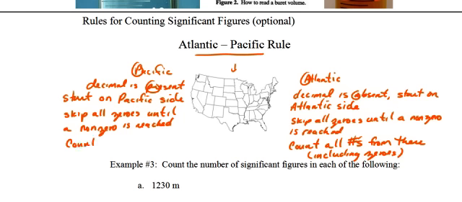Then count all numbers from there, including zeros. Now in your textbook, it's going to give you rules for trailing zeros, leading zeros, zeros in the middle. I don't like that. I like the Atlantic-Pacific rule. And it's very easy if you see a few examples.